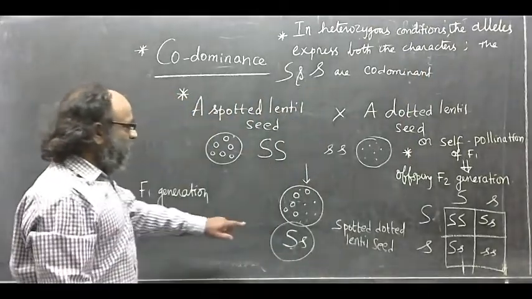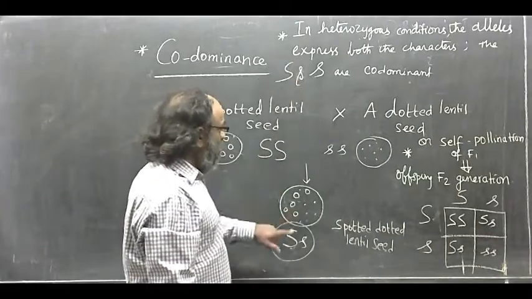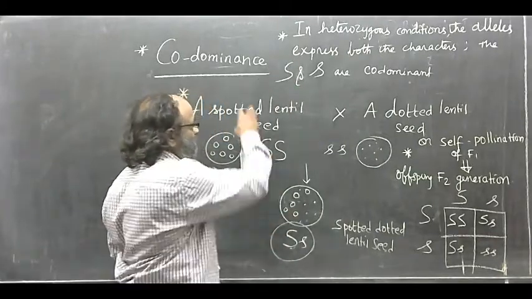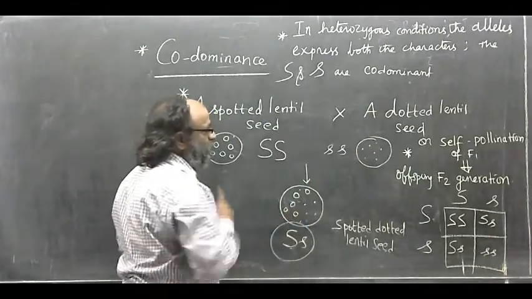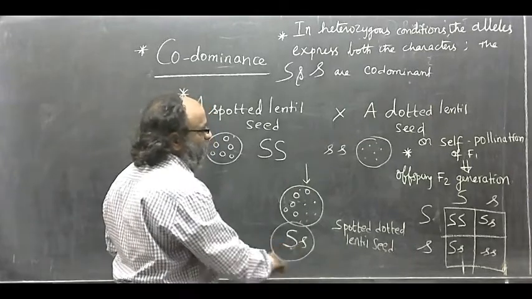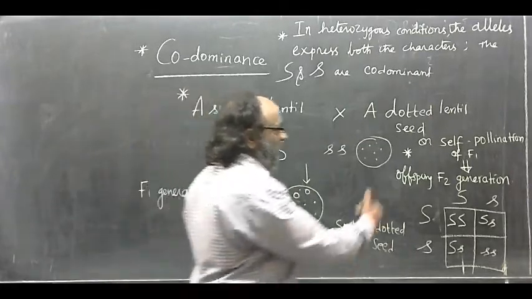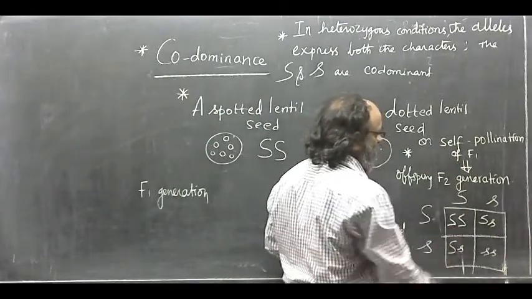So, in heterozygous condition, the alleles express both the characters. What are the characters? Spotted seeded nature and dotted seeded nature. So, the F1 lentil seeds are spotted dotted seeds. On selfing the F1 generation, offspring of F2 generation are obtained.